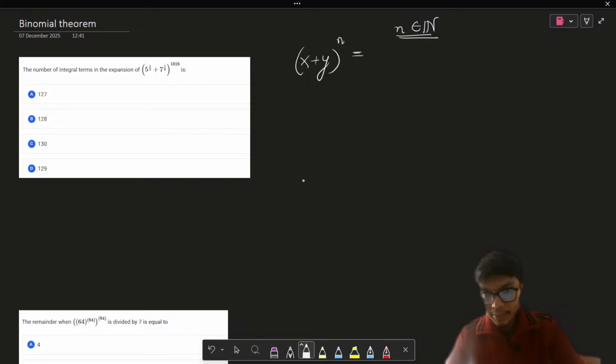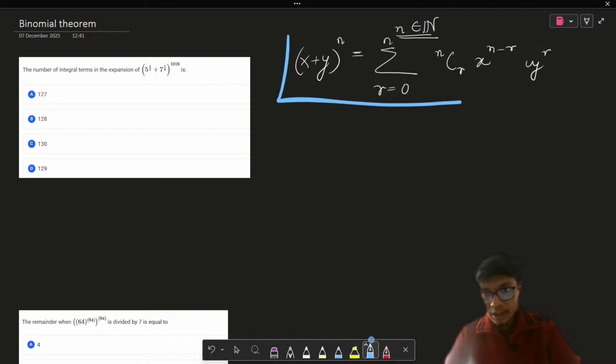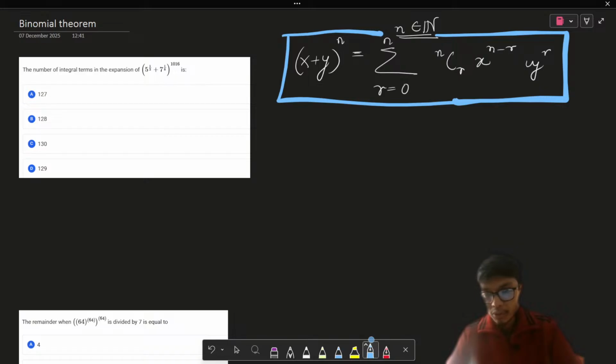Then this expansion can be given as the summation of r going from 0 to n of nCr x to the power n minus r and y to the power r, right? So this is how we write the binomial expansion of two terms. But please note that this expansion can be done only when n is a natural number, right? Because this expression would be calculated.